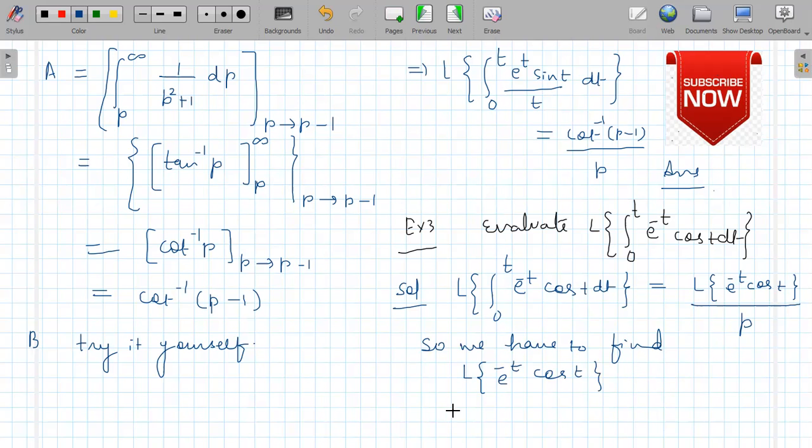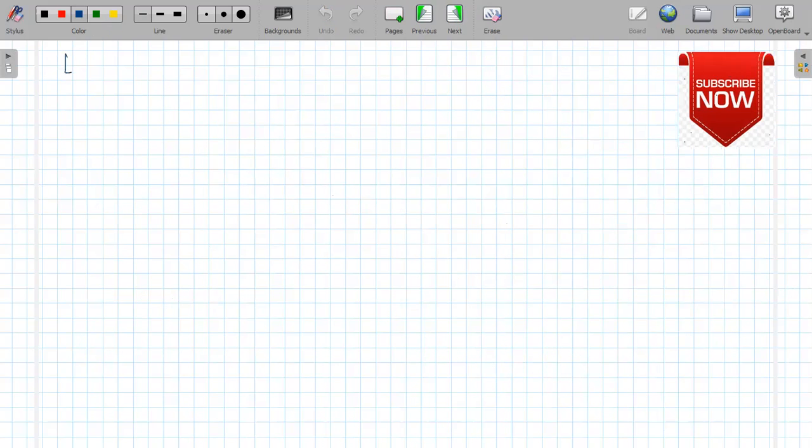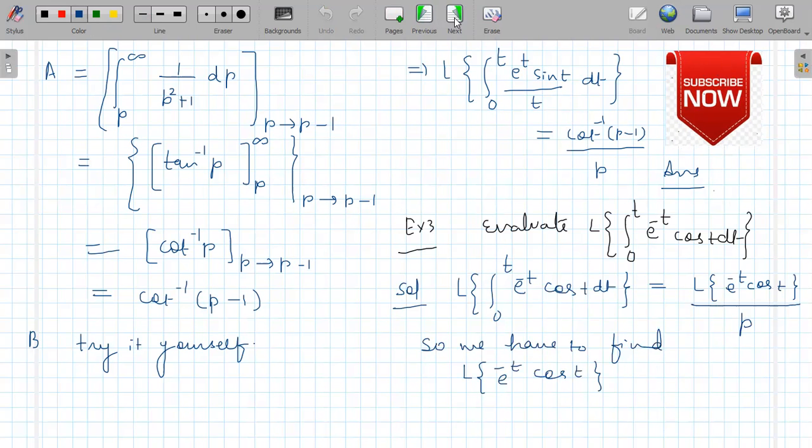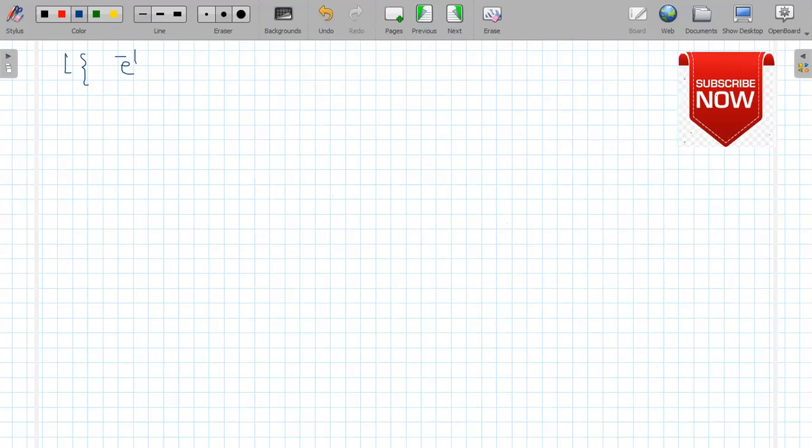The Laplace transform of e to the power minus t cos t will be equal to the Laplace of cos t, and in the whole answer p is replaced by p plus 1.